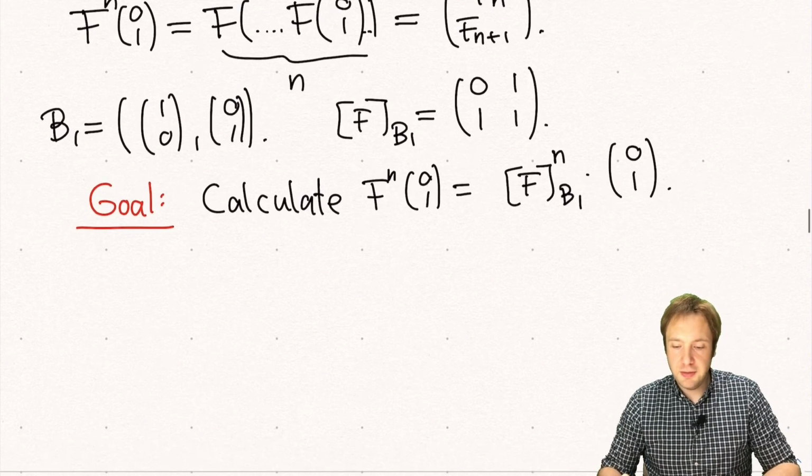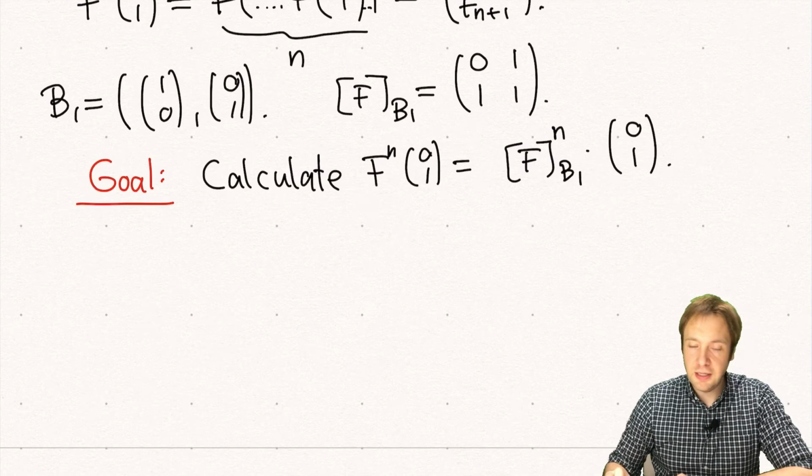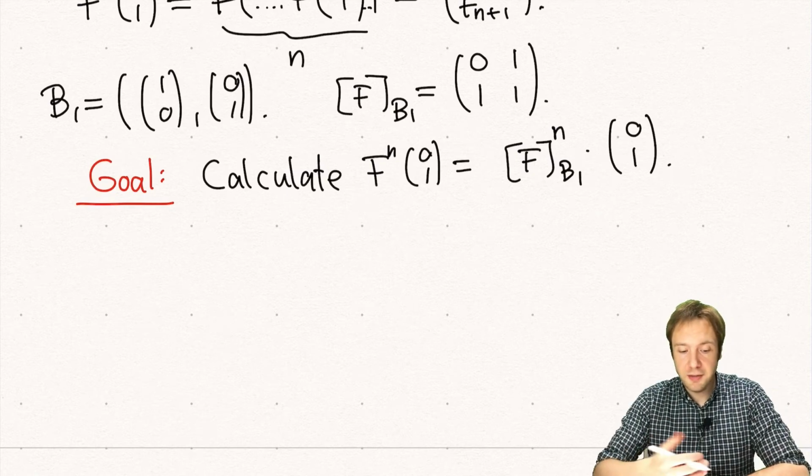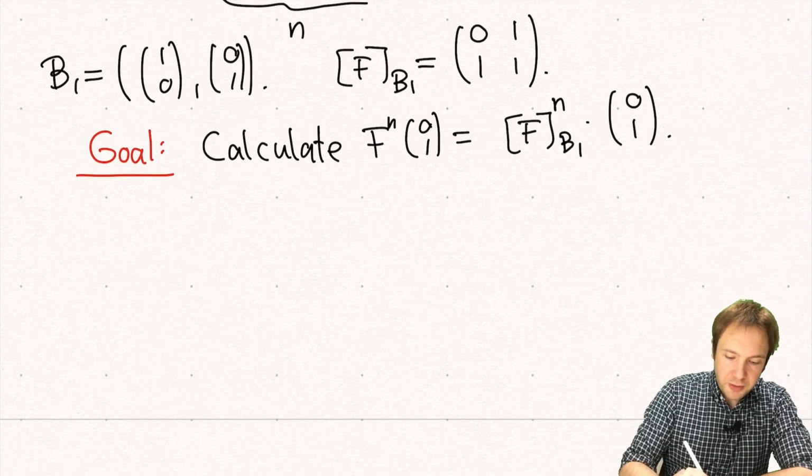And in this case here, I will just give this basis for you for free, and later we will learn how we can actually find these kind of bases when we talk about eigenvectors and eigenvalues.